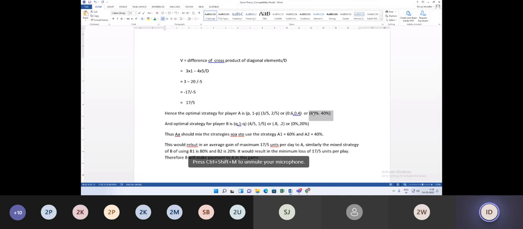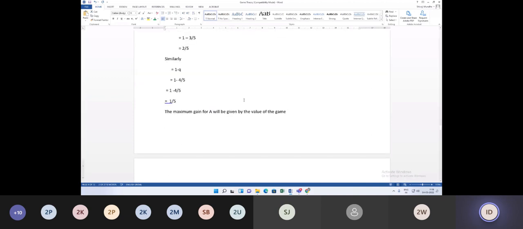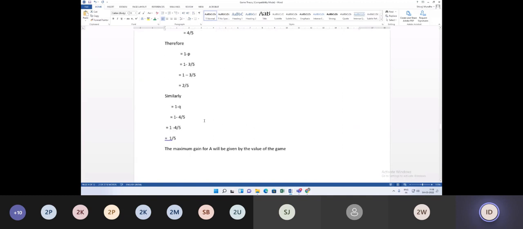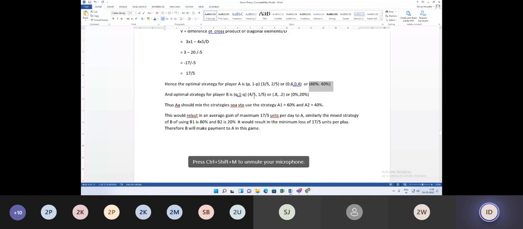Similarly, the optimal strategy for player B is Q and 1 minus Q. The value of Q is 4 by 5 and 1 minus Q is 1 by 5, which is already calculated.